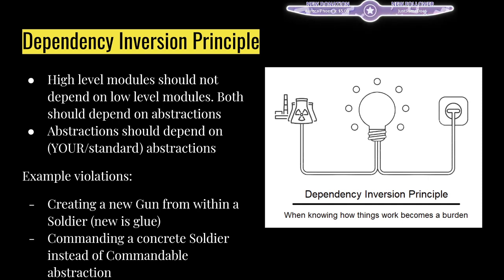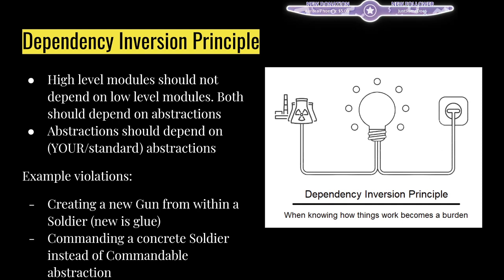So an example of the dependency inversion principle is a power plant. Do we need to know that the electricity comes from a power plant if all we want is to turn on the lights? And the answer is no. We just turn on the lights. And this is a lot about what dependencies we can know about and what we cannot.